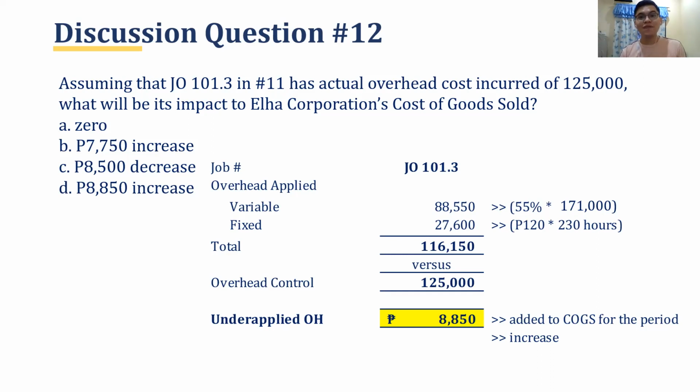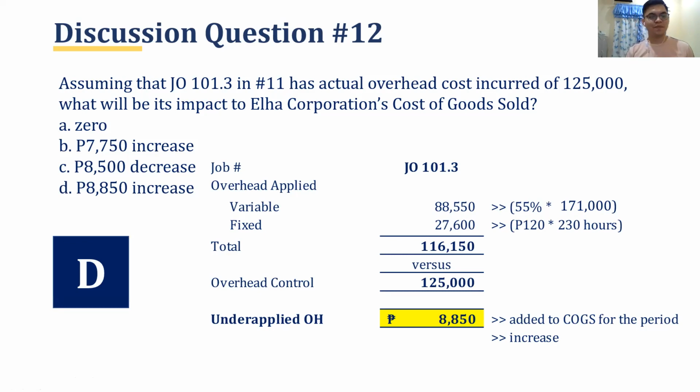But you would have that adjusted to your cost of goods sold for the period. Kaya yung difference niya na 8,850 shall be added to your cost of goods for the period. So it's accounted as an increase. So yung sagot natin for number 12 is simply letter D. 8,850 increase. Ayan.